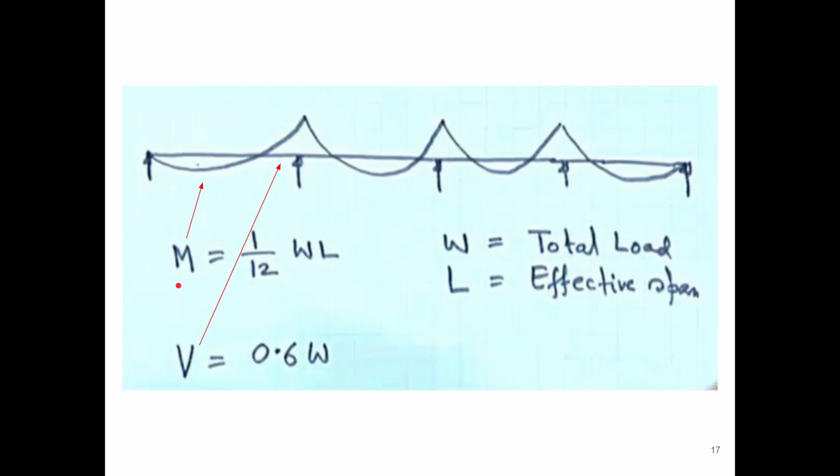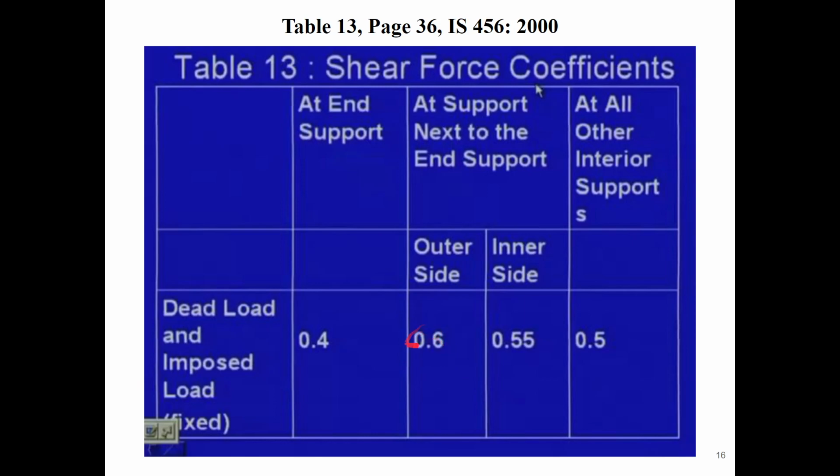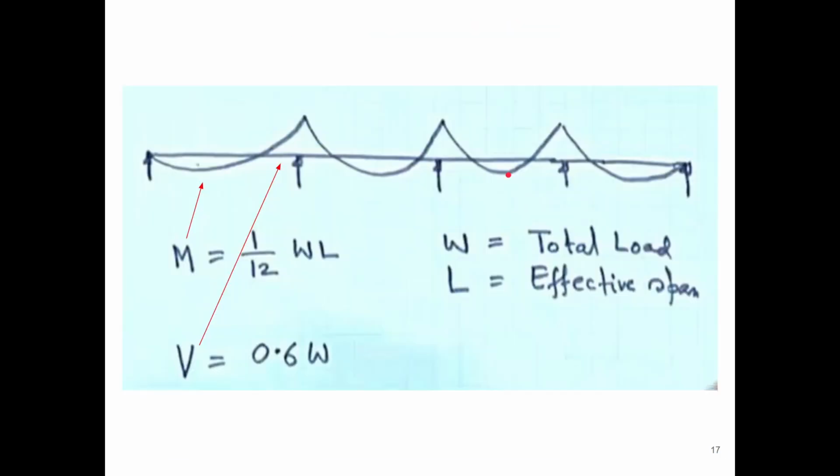For the shear force we just multiply the load with the coefficient, so there is no need of L. Here also it is 0.6, outer side, next to the end support.